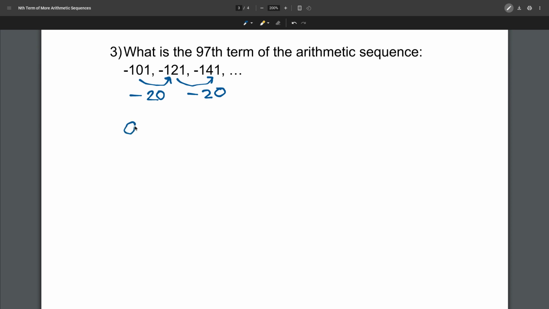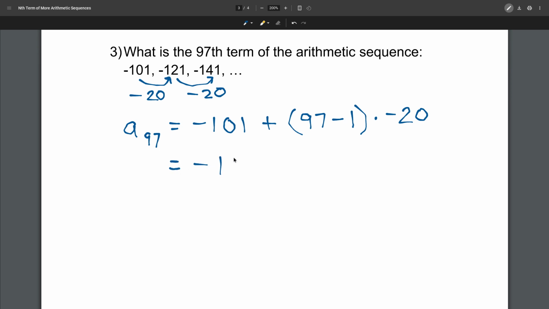So a sub 97 equals the first term, negative 101, plus 97 minus 1 times the negative 20, because we're only going to decrease by 20 96 times.